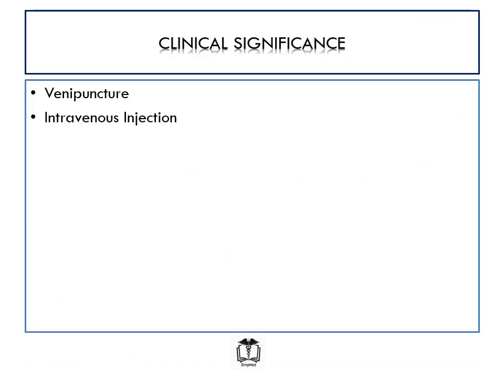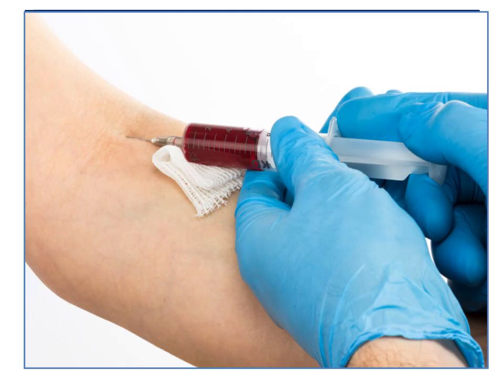Talking about some clinical significance to the venous drainage of the upper limb, the two important clinical significances you should remember are in the concept of venipuncture and intravenous injection. This is an image of venipuncture being done. Venipuncture is the process of obtaining blood samples from an individual, and we make use of venous blood in performing some laboratory investigations.